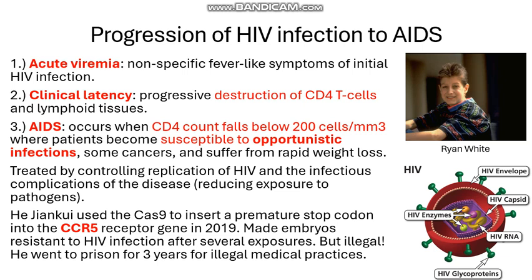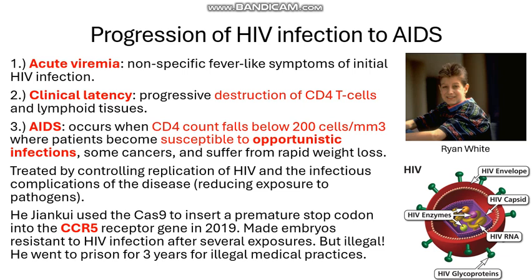And then this develops into AIDS when the helper T cell count falls below 200 cells per cubic millimeter, and patients become susceptible to opportunistic infections, some cancers, and suffer from rapid weight loss caused by having a suppressed immune system. So they're very susceptible to infection at this stage of AIDS, which is how most people die.